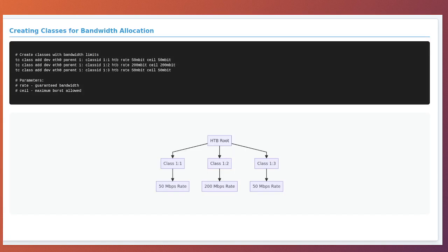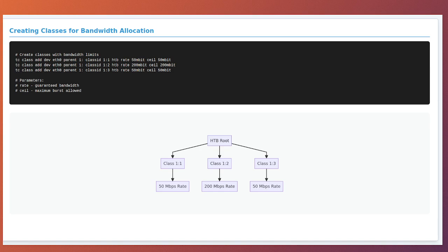Creating classes for bandwidth allocation. After setting up the root HTB qdisc, we need to create classes to define how bandwidth is allocated. Each class represents a portion of the total bandwidth. We typically start by creating a class for high-priority traffic, for example, VoIP or critical applications, with higher bandwidth allocation. Then we create classes for regular traffic with lower allocations.